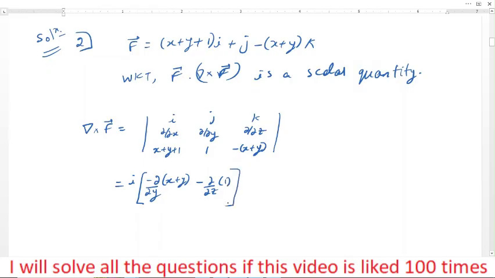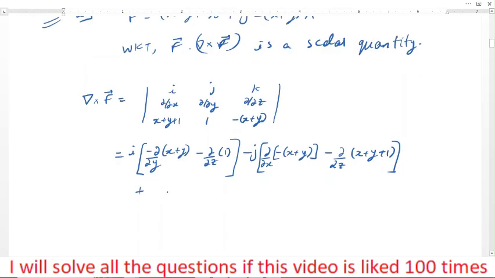With respect to j, we get minus j: leaving this column and row, cross multiply, dou upon dou x of (minus x plus y) minus dou upon dou z of (x plus y plus 1). I'm doing this a little quickly so that we can finish our class early. Now for k, cross multiply: dou upon dou x of 1 minus dou upon dou y of (x plus y plus 1). Now we'll simplify one by one.